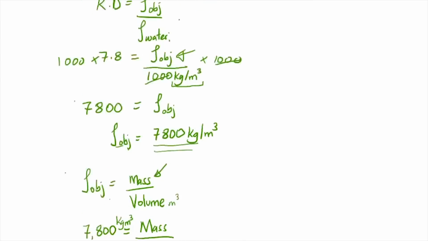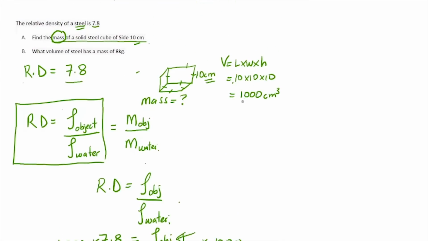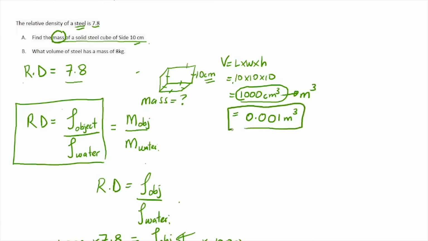So we convert this volume to meters cubed, and you end up with 0.001 meters cubed.